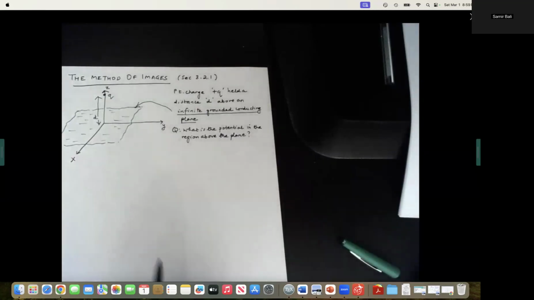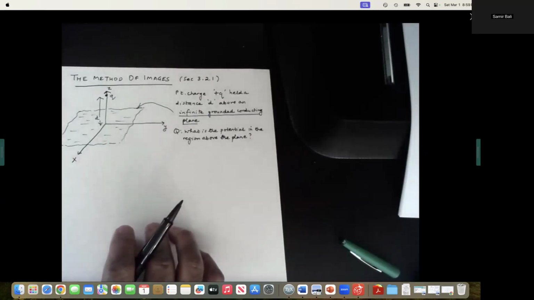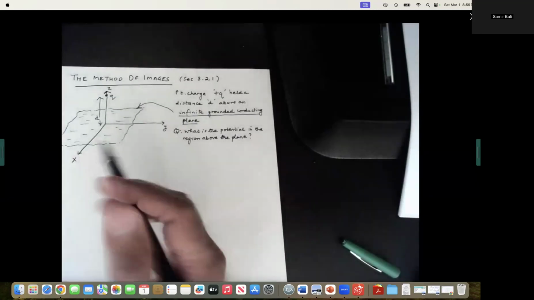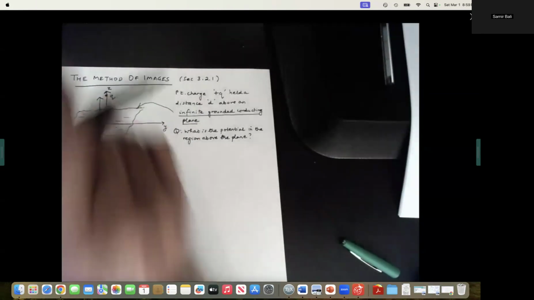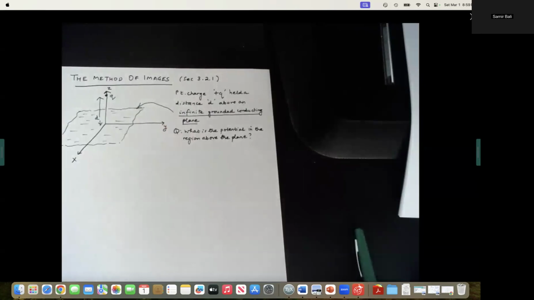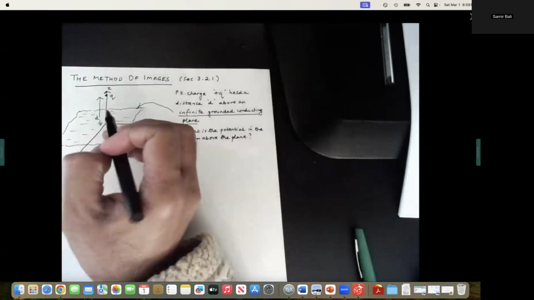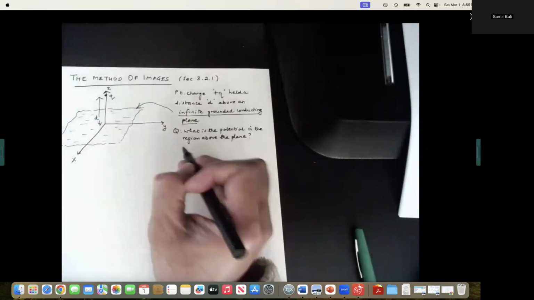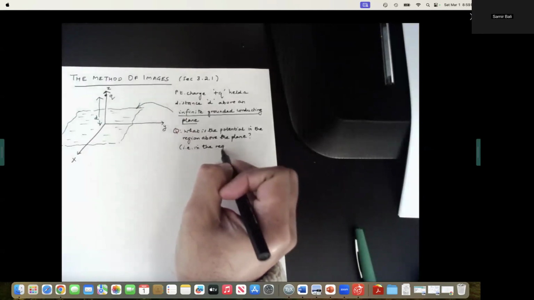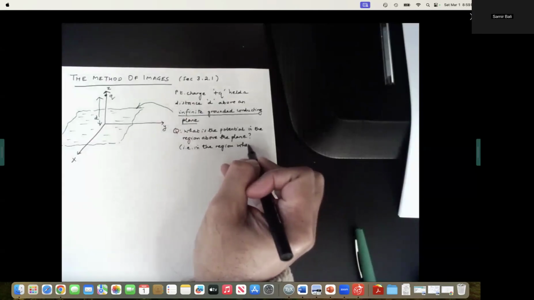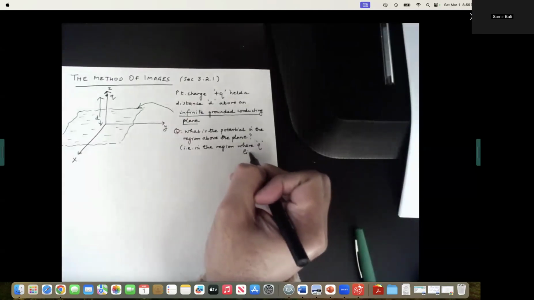Okay, so how do I approach this? Well, remember now, I've been asked to find the potential in the region above the plane, in the region where Q lies.